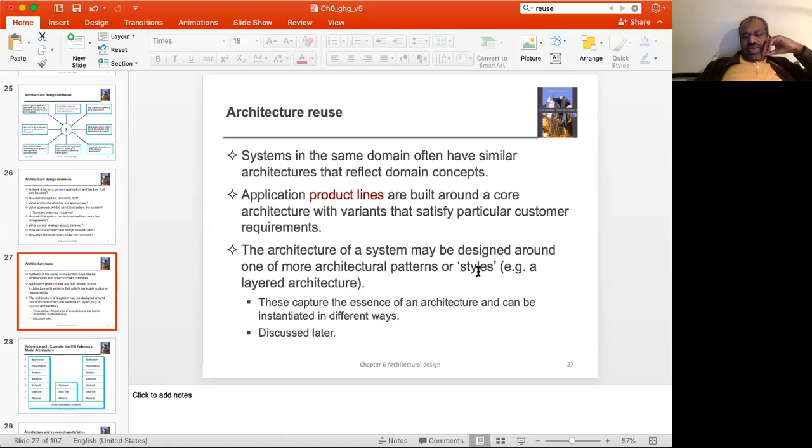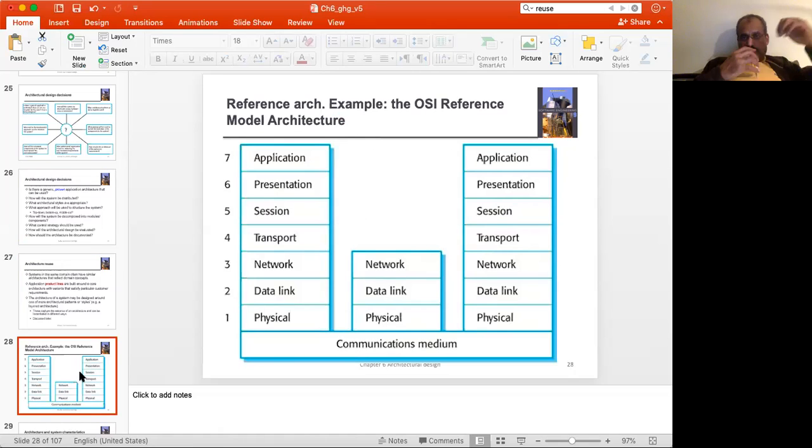For example, the layered architecture serves as a useful generic template that captures an essential organization that can be useful for certain types of systems with certain gains in terms of the qualities of the resulting system. One example is the OSI, Open System Interconnection reference model architecture for networking.